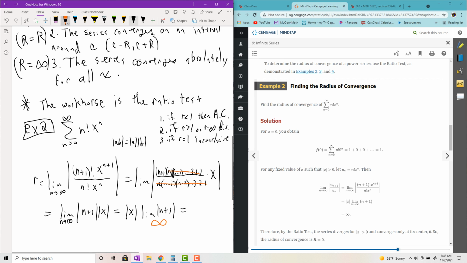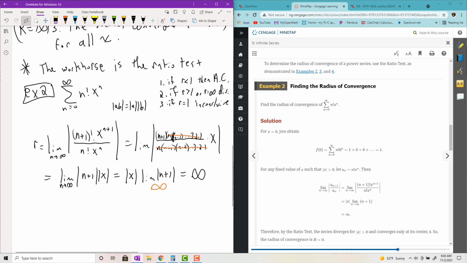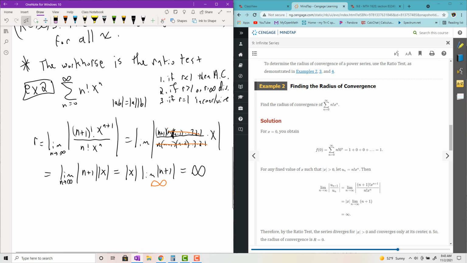This limit then will go, of course, to infinity. So for almost all values of x, this r value will be infinity. There's one exception to that rule, of course. That's when x is equal to 0, which is the center of this particular power series. So the radius of convergence in this case is just 0.